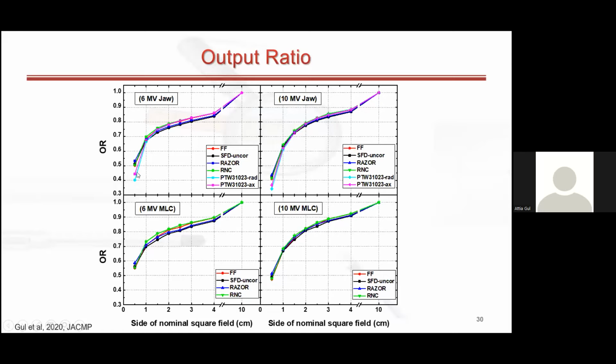Here we can see that the pinpoint ion chambers under-respond due to the volume averaging effect, and this effect is more pronounced in the radial direction as compared to the axial direction. The response of all other detectors, including the razor nano chamber, agree well with each other for all field sizes, for all energies.